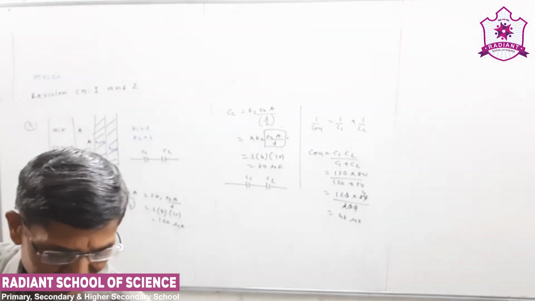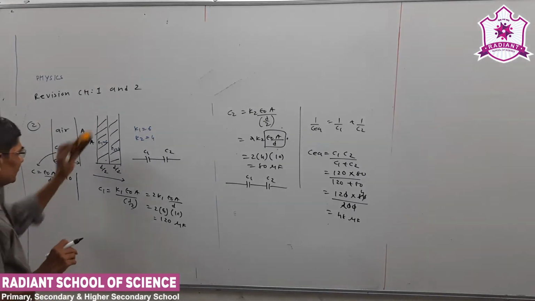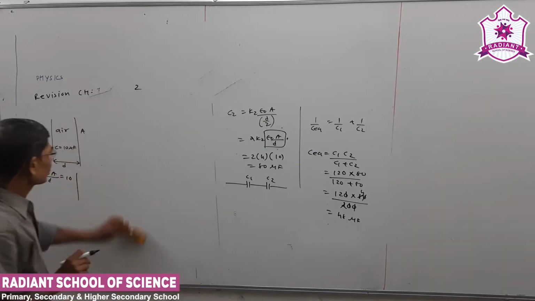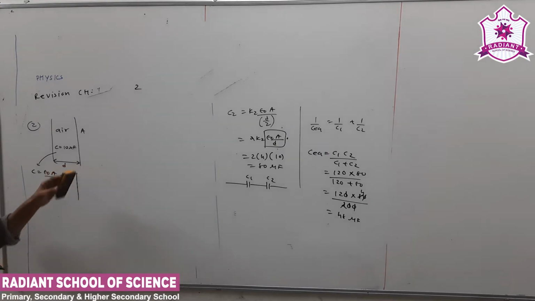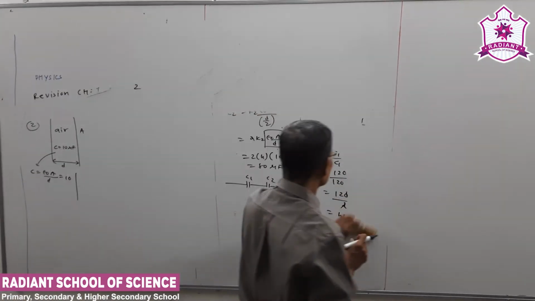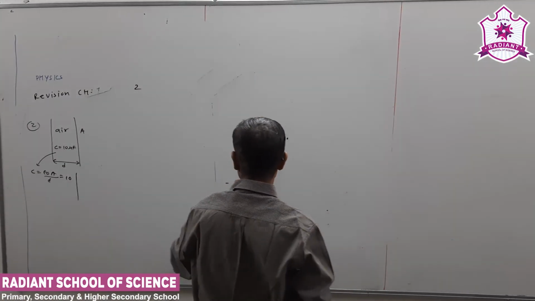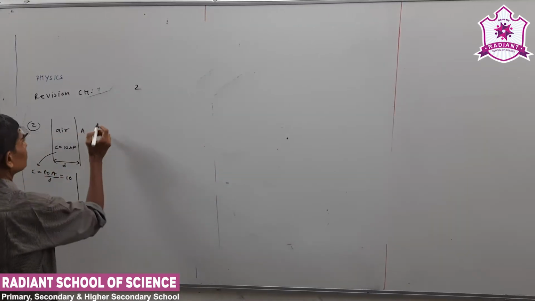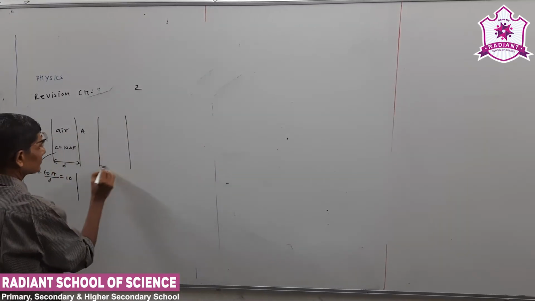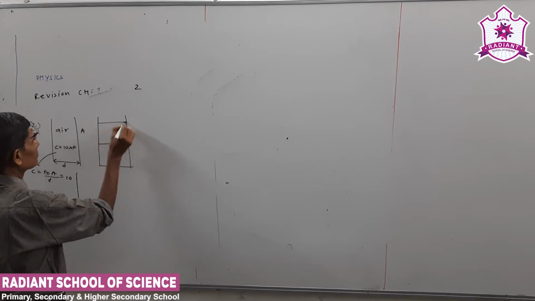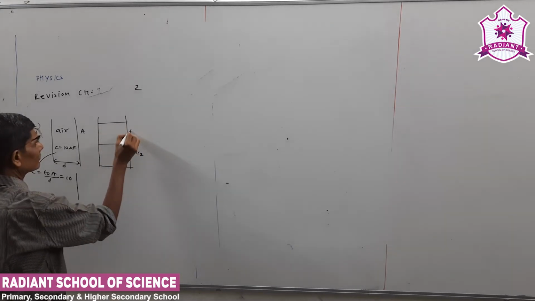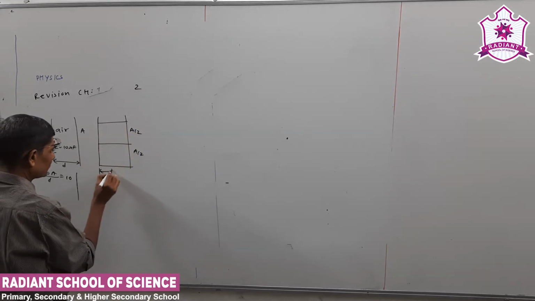Now let us have some variation in the same question. Here the two dielectric slabs of distance d by 2 and d by 2 were placed. Now let us say it is placed like this.